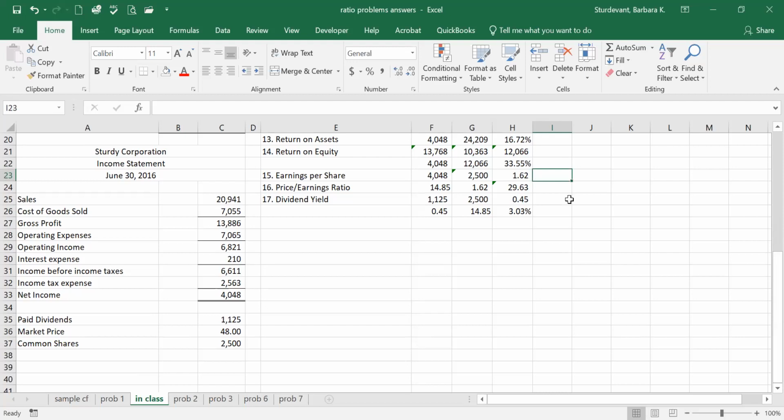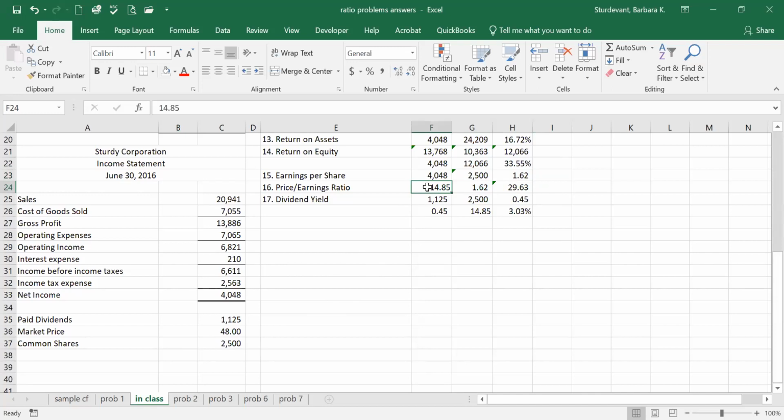This next one is also something that you would want to look at. This takes the earnings per share on the bottom and now divides it into the price. Okay, so the market price of your stock.